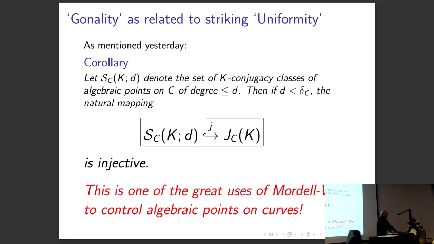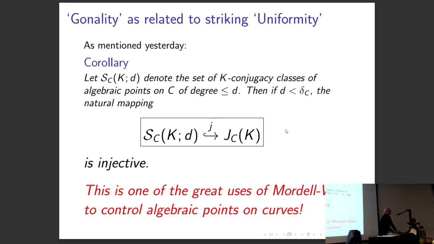As I said, gonality is related to uniformity, and the real reason for that is that there's a natural map from the set of K-conjugacy classes of algebraic points of degree D to J_C, and you get a map to the K-rational points of J_C that way. If the degree D is less than the gonality, you get an injection.